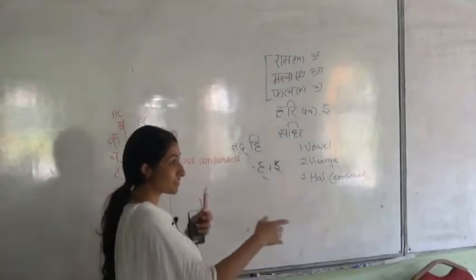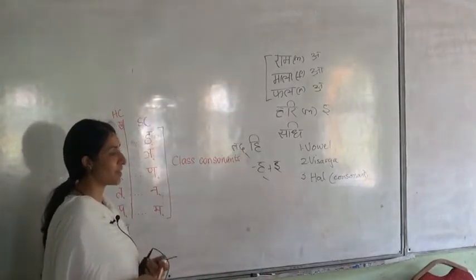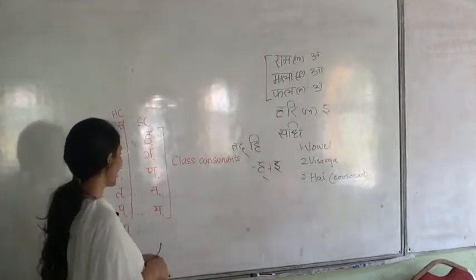You're right. The rule says that it should drop, but here we get a saha length, right? So I'll check with Swamiji. Okay? All right.